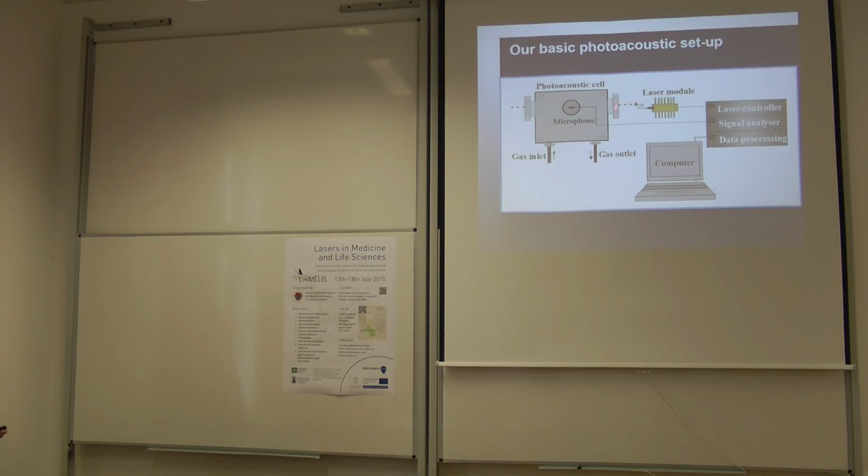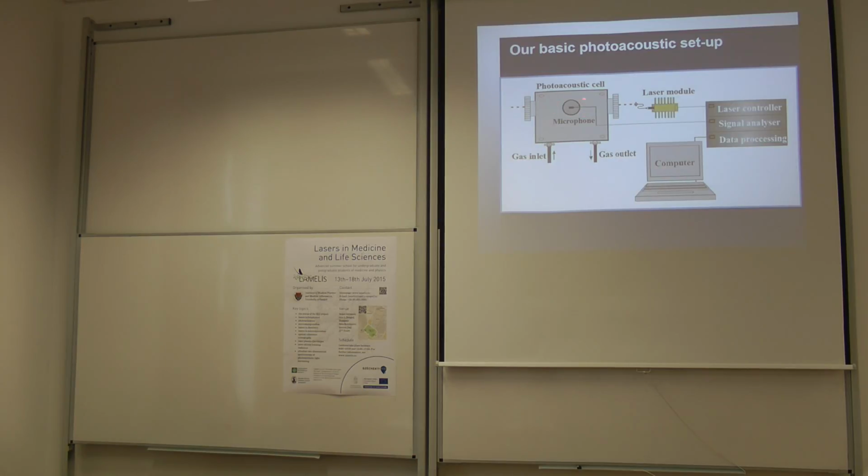The basic photoacoustic setup that we are using is very simple. You have the photoacoustic cell, a closed volume, with a continuous gas flow through this cell, illuminated by a laser which is tuned to an absorption line of the detected molecule, and it's periodically modulated.